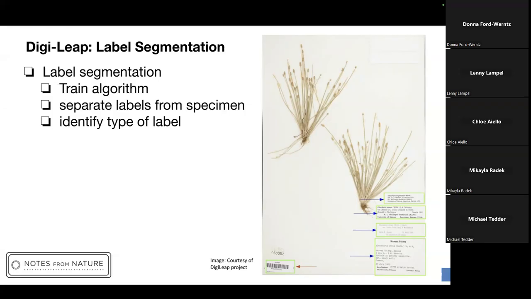When we built this first label segmentation algorithm, we created Notes from Nature expeditions where we asked people to simply draw a box around the label and tell us if it's handwriting or typewritten. That enabled us to improve the performance of the algorithm to pull the labels off. The basic idea is that if you have the label isolated, you're going to get better results from the OCR and from the label extraction.